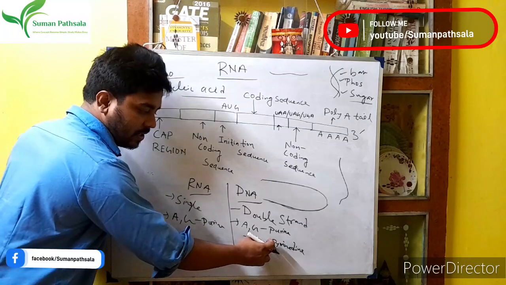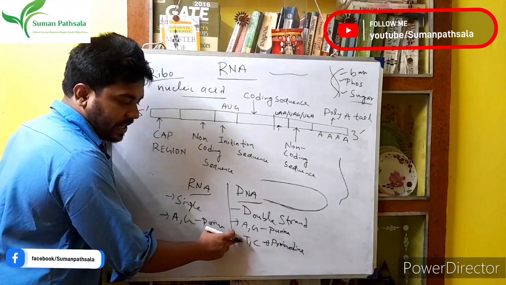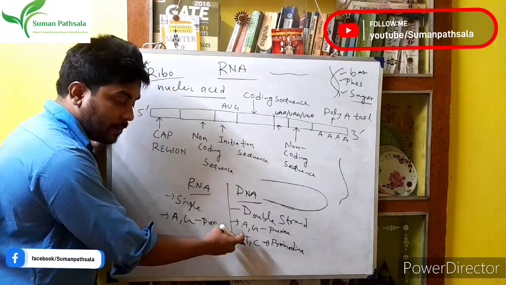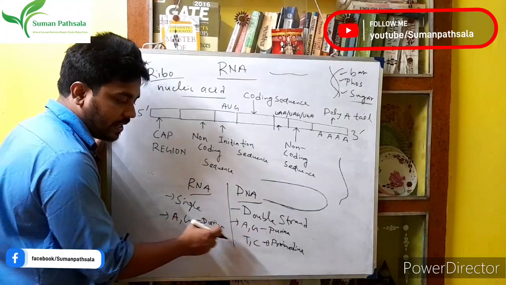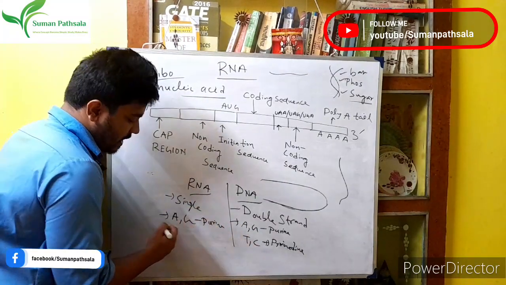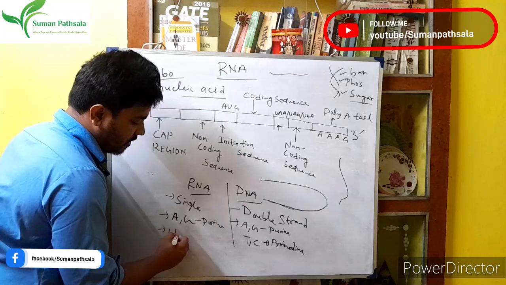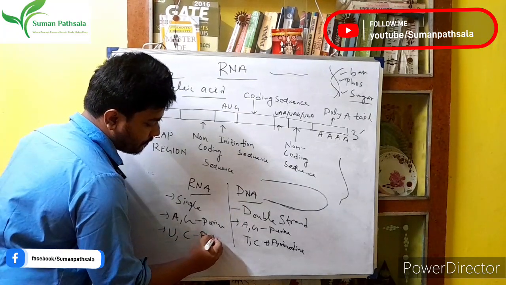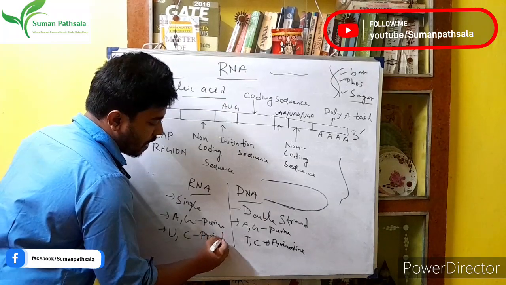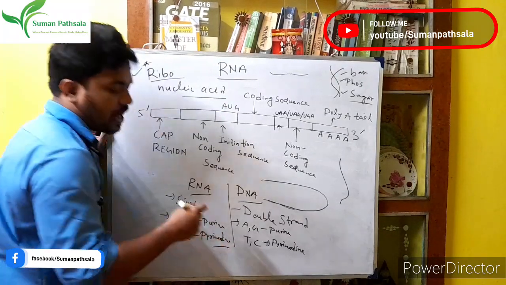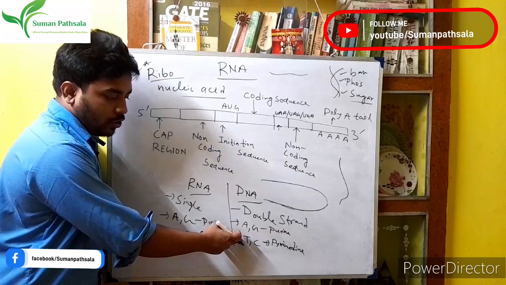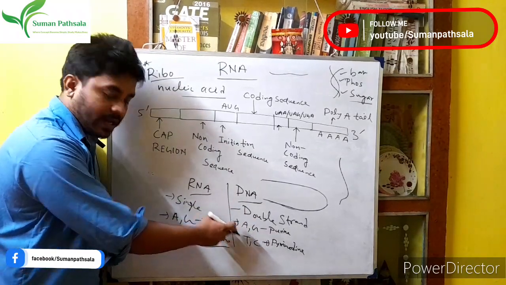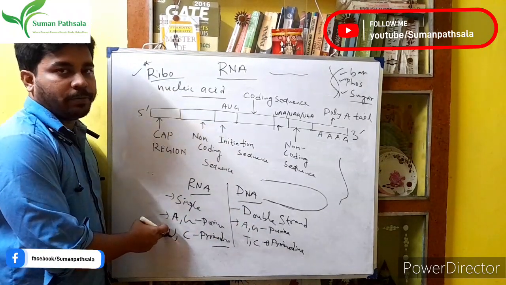In the pyrimidine, DNA has thymine, but in RNA, instead of thymine, they have uracil.